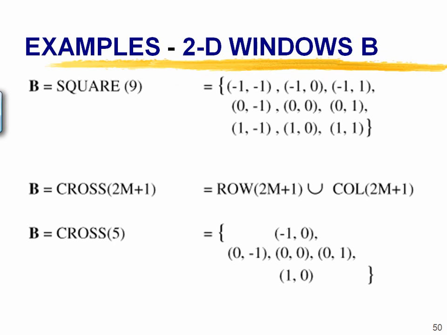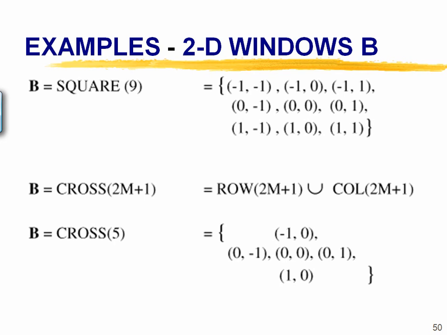Similarly, I can define two-dimensional windows. You have a square, a cross of different size. Now, the other thing is when you define two-dimensional windows, especially a cross, which basically looks like that, I can actually define the cross as a union of two one-dimensional windows. So a row union with a column would give me the same result.